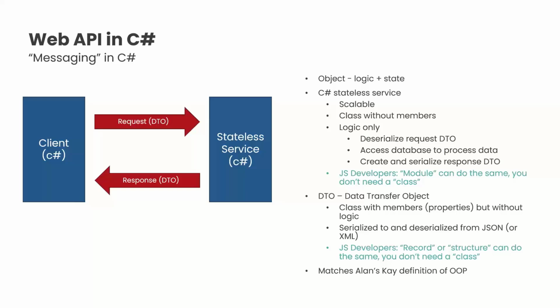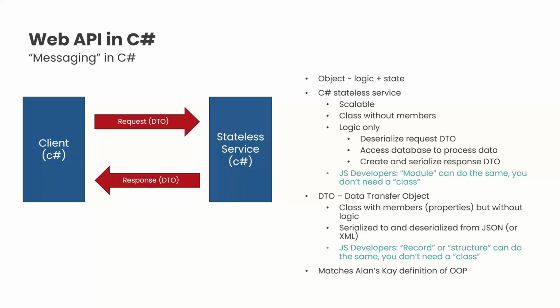And in this approach, the client is serializing the objects, stateful objects with just properties, to JSON or to XML, and sends them over the network to the service, which deserializes them from this text representation to an object that has only properties, nothing else, no logic inside.